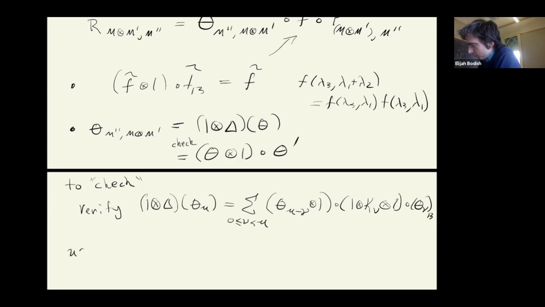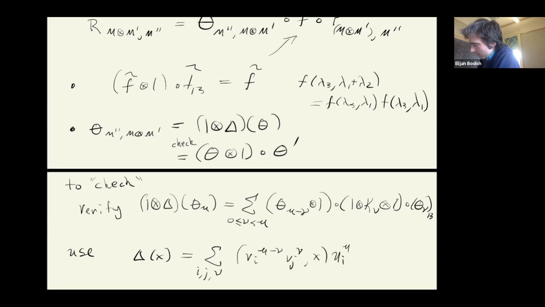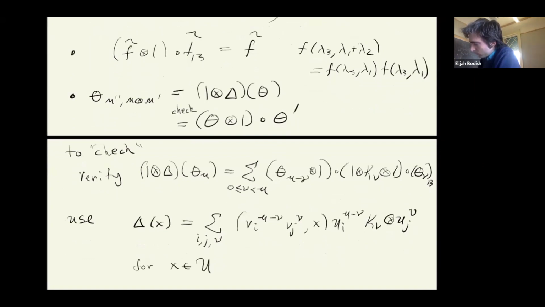And to do this, you use that Δ of x, we can expand it in terms of where Δ of x lived above, in this U⁺ ⊗ K_ν ⊗ U⁺ term, and then use the dual bases to write this as a sum over i, j of v_i^{ν}, v_j^{μ−ν}, x, u_i^{μ−ν} k_ν ⊗ u_j^{ν}, for x in U_μ⁺.